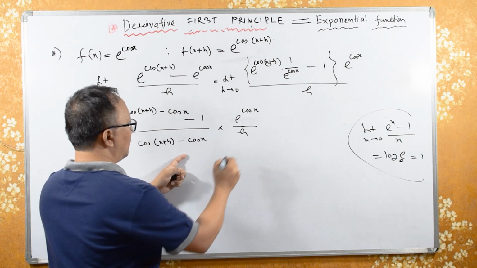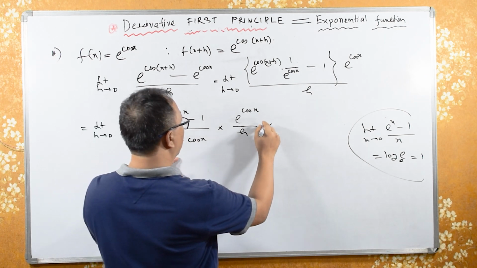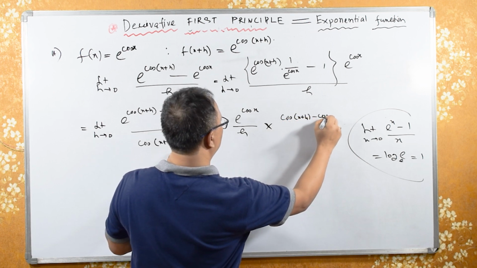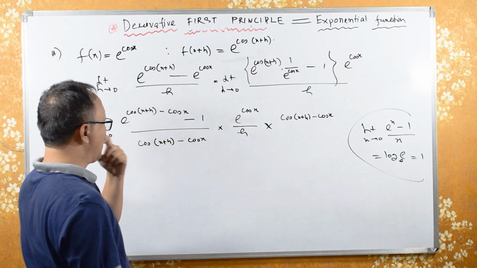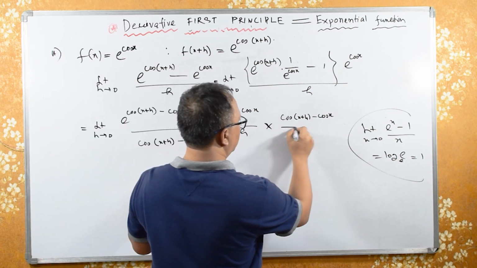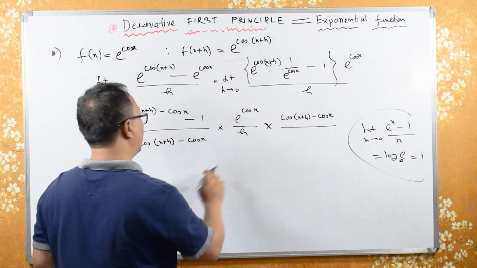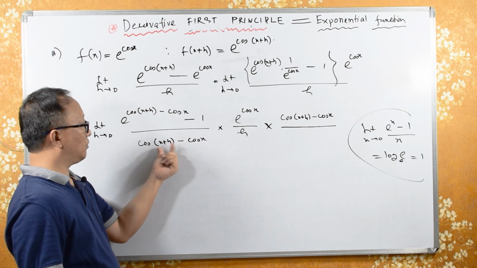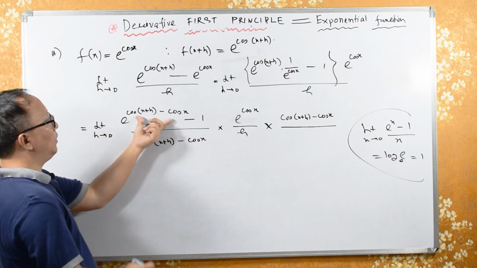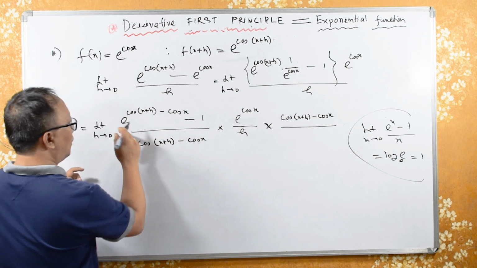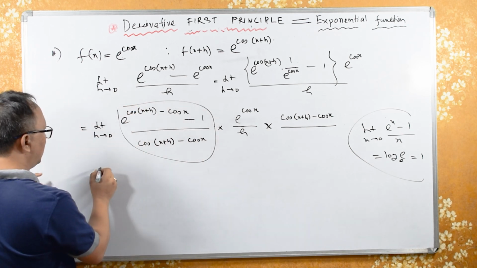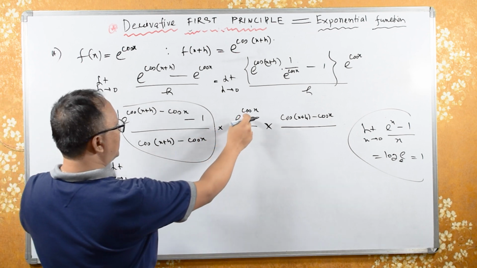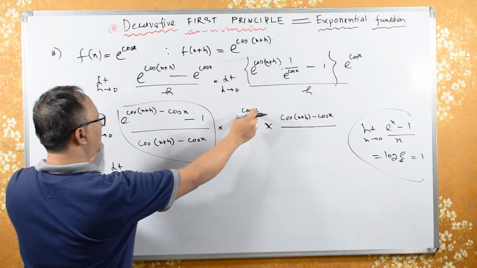This is extra, so I will write cos of x plus h minus cos x, this extra. Keeping it as it is, limit h tends to 0. When h tends to 0, the whole term becomes 1. It doesn't have any effect because it's x.